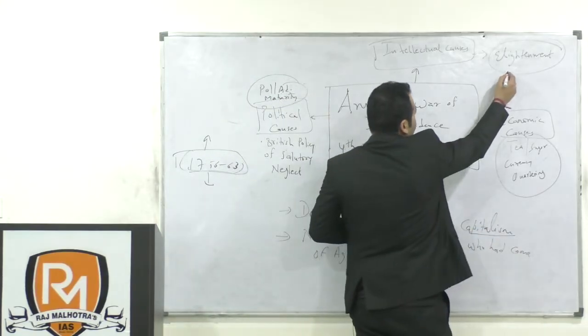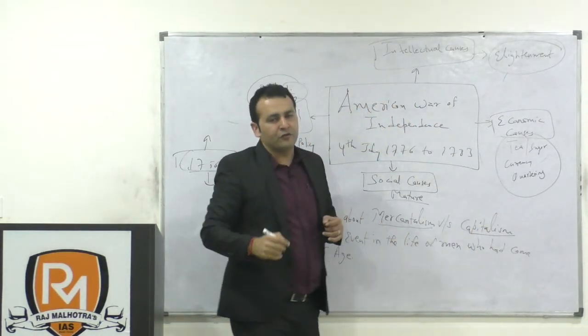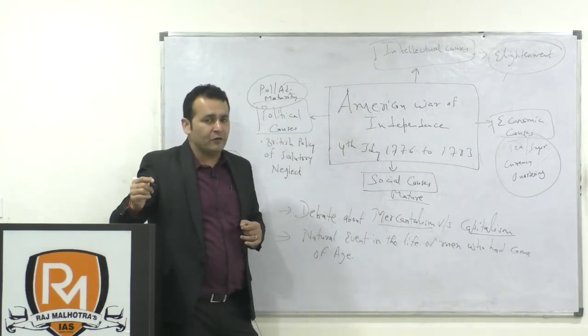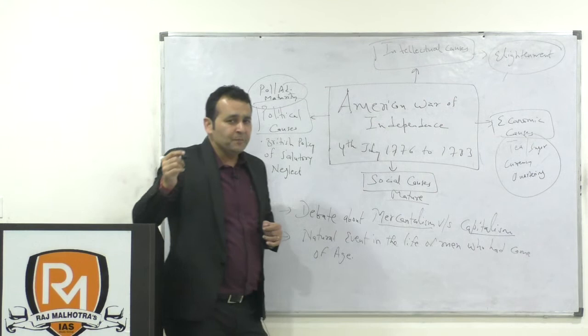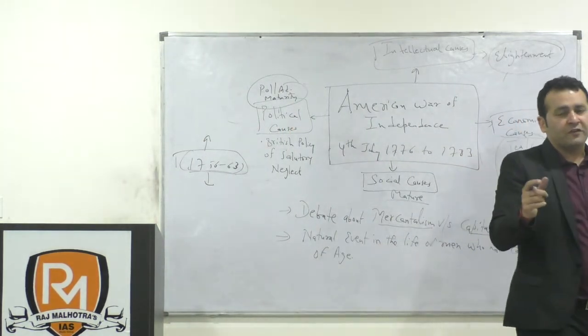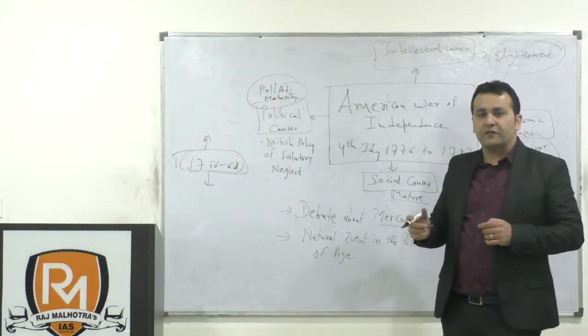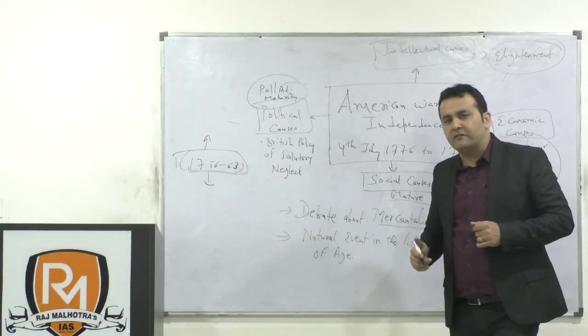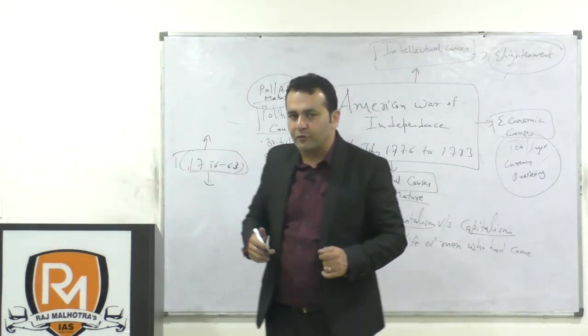Then the ideas of French writers like Voltaire, Montaigne, and Rousseau all had a very important impact on the American minds. And then the writings of Americans like Thomas Paine, who wrote Common Sense, and then Thomas Jefferson, Benjamin Franklin, they all were the intellectuals who started inspiring Americans towards the cause of democracy.